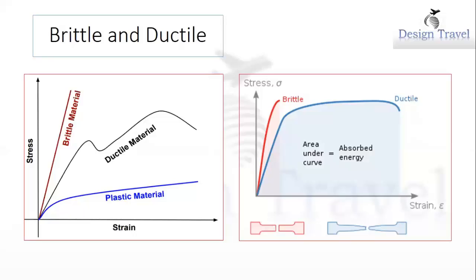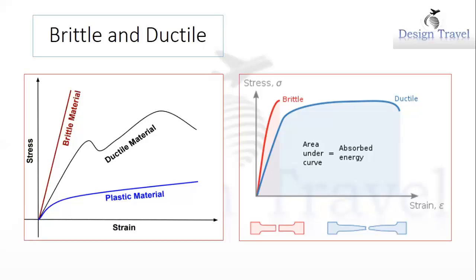The best examples of brittle material are concrete, bricks, ceramics, anything which is easily breakable. The important point is that no elastic behavior takes place. But a ductile material must have an elastic property. If the material has an elastic property, you can close your eyes and easily say that the material is ductile.